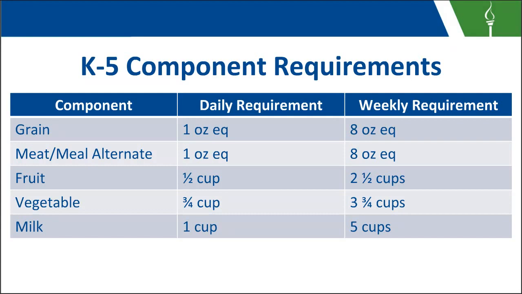However, when it comes to the meat alternate and the grain component, if you were to serve 1 ounce equivalent daily and that was it, you would only be serving 5 ounces over the course of the week. So you do need to exceed that minimum daily requirement at least a couple times over the course of the week to make sure you're meeting that weekly requirement as well.